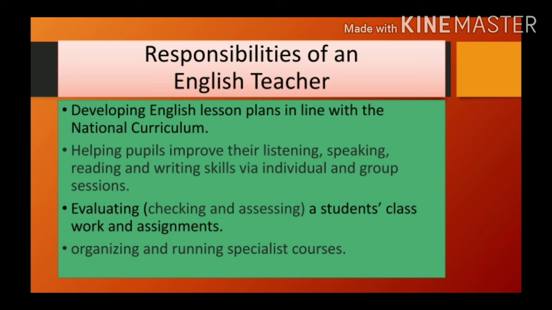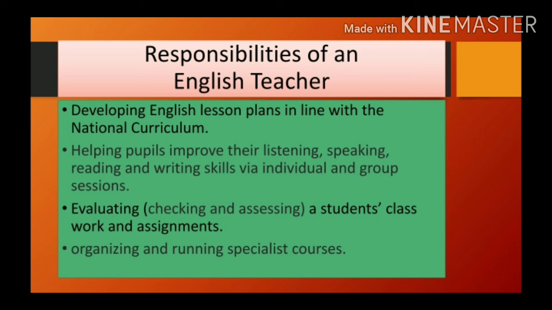The student who becomes the master of LSRW skills can learn the language perfectly. So, in order to make the students masters over the LSRW skills, he is expected to conduct individual sessions as well as group sessions.